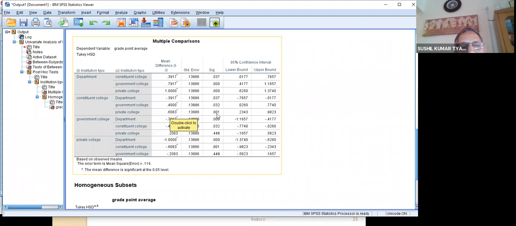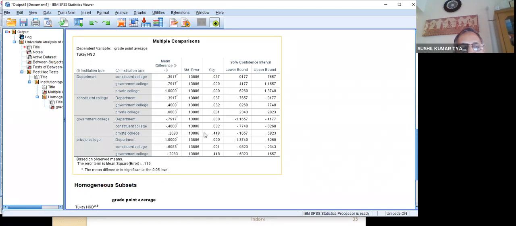This is also significant, and therefore constituent college is better than private college as far as GPA is concerned. Next is government college and private college. Now there is no difference in GPA between government college and private college, because the significance value is 0.448.